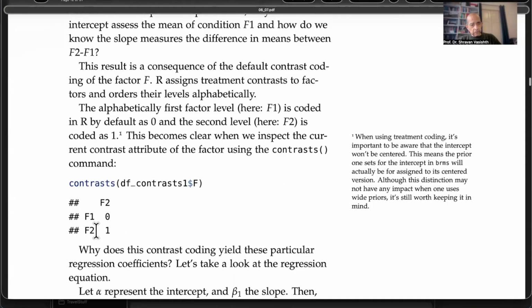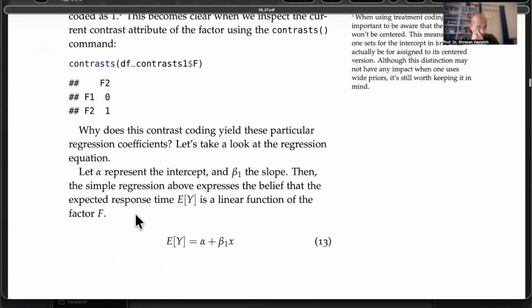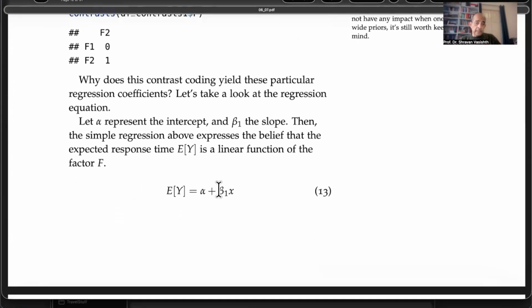F1 is coded as 0, F2 is coded as 1, and the impact that it has on the equation is that when this predictor variable has value 0, what we have is the estimated mean of the first level, and when this predictor variable has value 1, then we have the slope, with the interpretation that it's whatever the F1 level's estimated mean is, plus the additional change that has to happen to that mean to get the mean for F2.